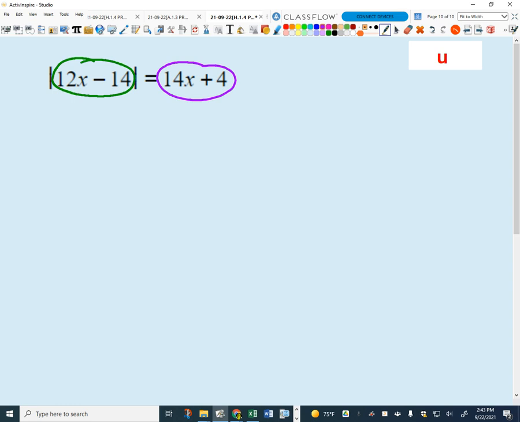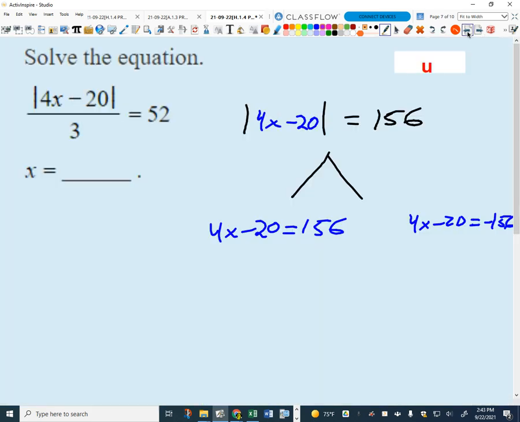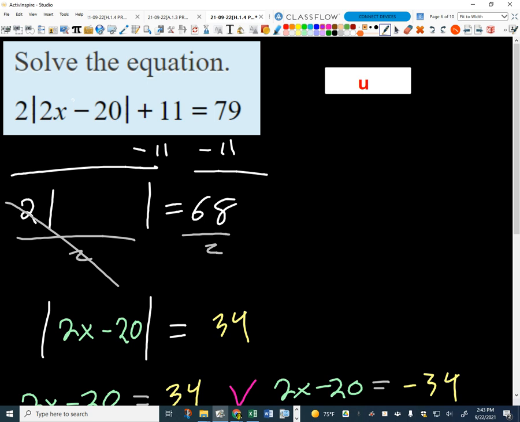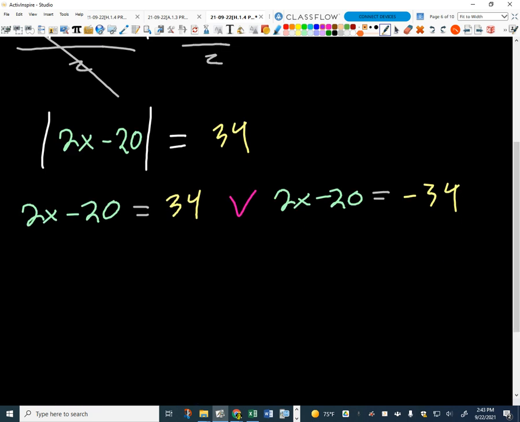What did we do back here? Okay, it either equals whatever's outside the absolute value bars or it equals its opposite, right?